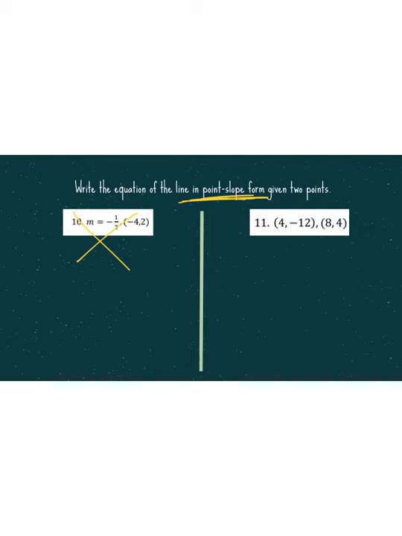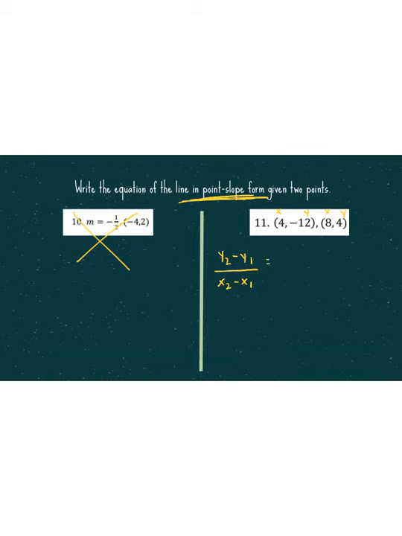Okay, so remember our x's come first, and our y's come second. Okay, and we need the change in y over the change in x. So I'm going to say y2 minus y1 over x2 minus x1. Okay, so I'm going to start with my y's.